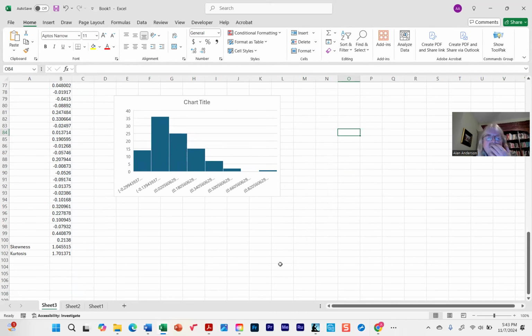Yeah, see, it says here negative kurtosis means relatively flat, meaning skinny tails. Anyway, so we'll get back to that later on.